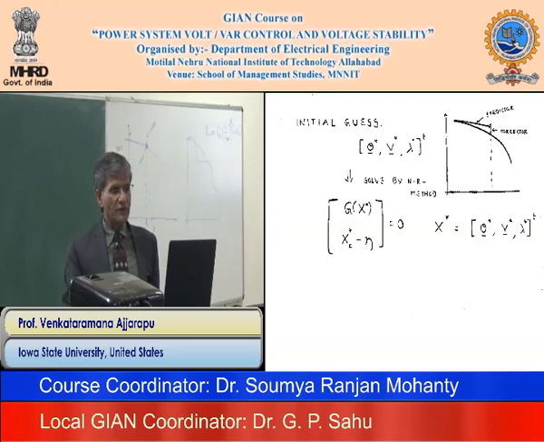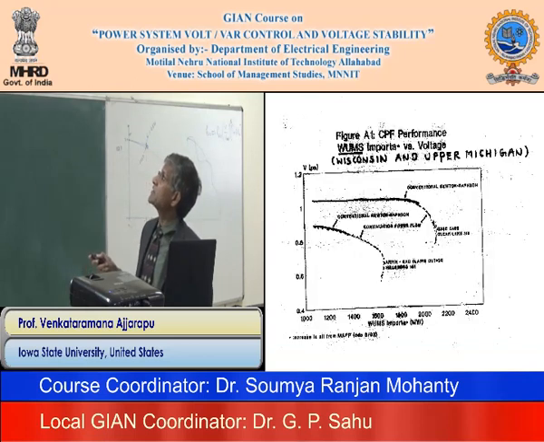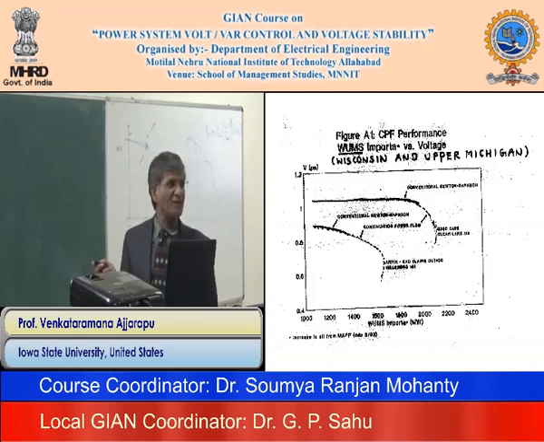and we applied for large systems. We compared conventional power flow. It stopped somewhere here, and this is for base case without any contingency. So you can see not much difference between this point and this point, right?